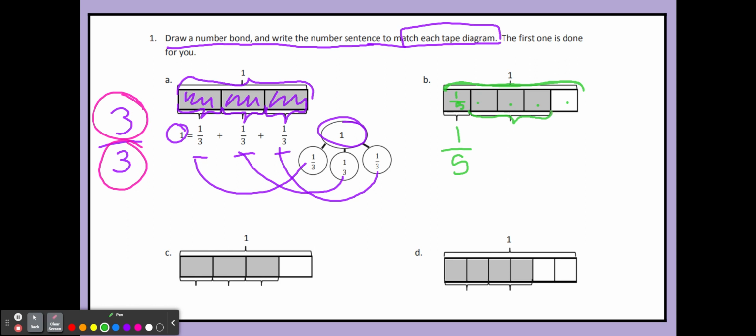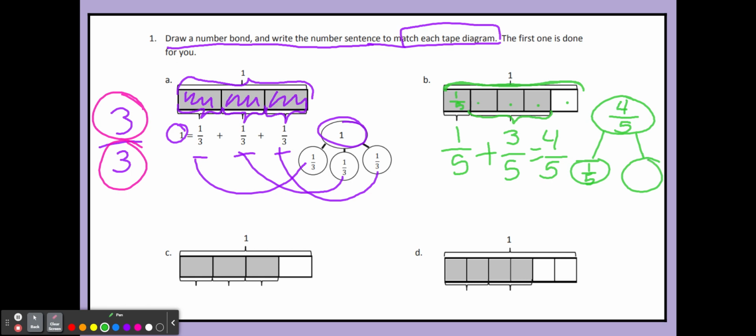So it's going to be 3/5. So then 1/5 plus 3/5, so this is equal to 4/5. The number bond looks like this. So this is our total, our 4/5. We have 1/5 and 3/5.